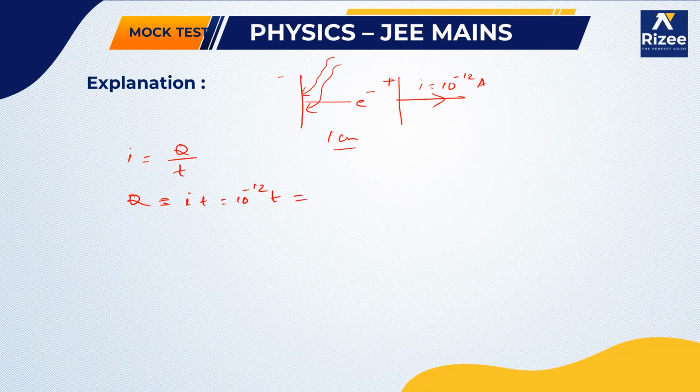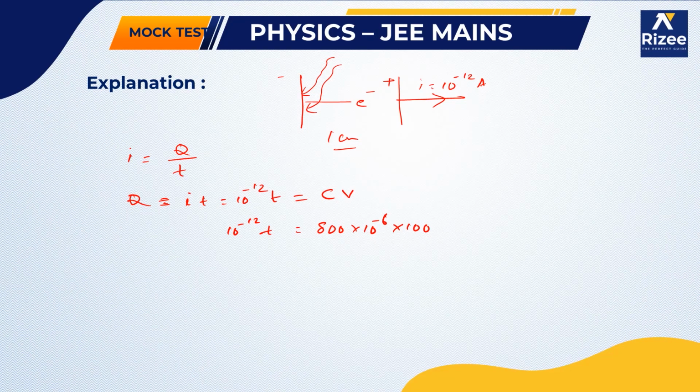And this charge can be equated with the capacitance and potential. So 10 into 10 to the power of minus 12 into time equals capacitance. He has given it as 800 microfarads, that is 800 into 10 to the power of minus 6, and potential as 100 volts.